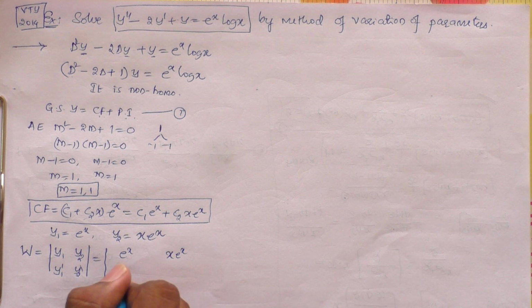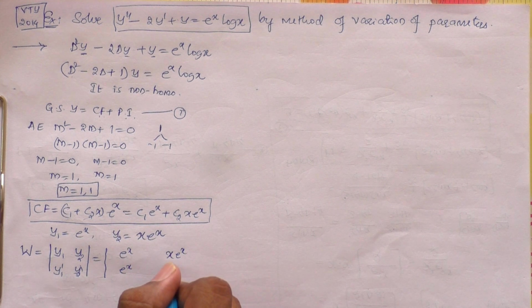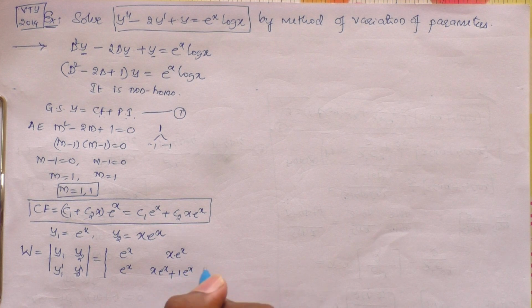Second row, y1 dash, derivative of e raised to x, that is also e raised to x. Then y2 dash, the derivative of x e raised to x. It is a product of two terms, so we need to apply the u into v rule. u into v dash, x into e raised to x, plus u dash into v, derivative of x is 1, into e raised to x. So this is y2 dash.